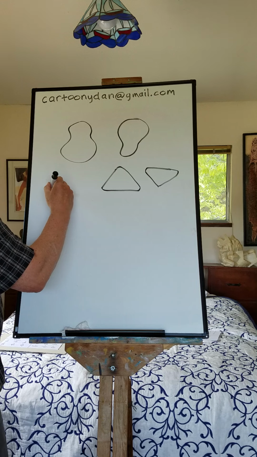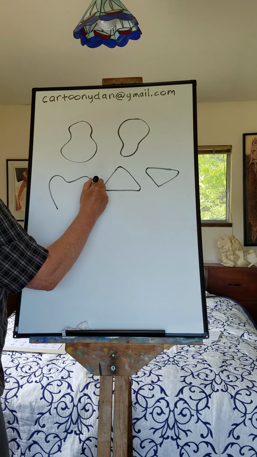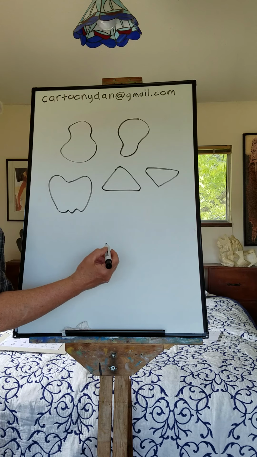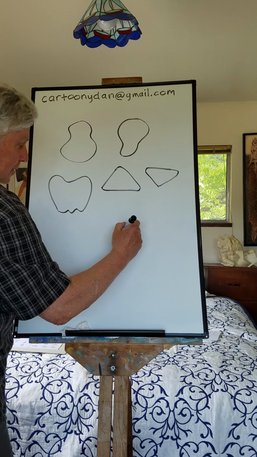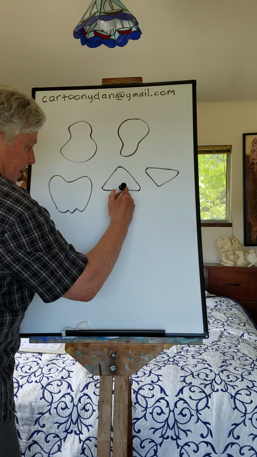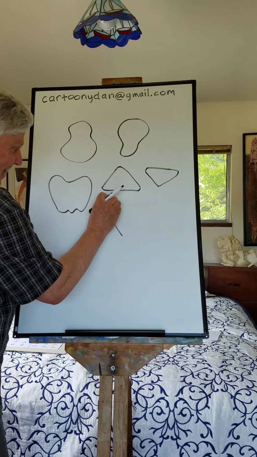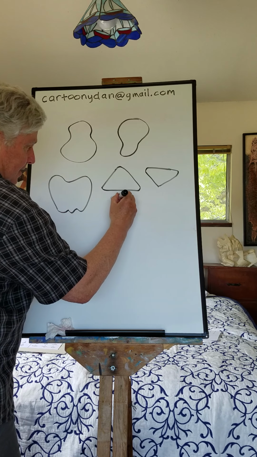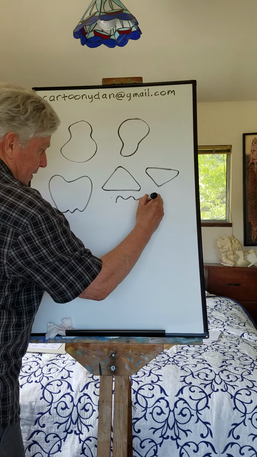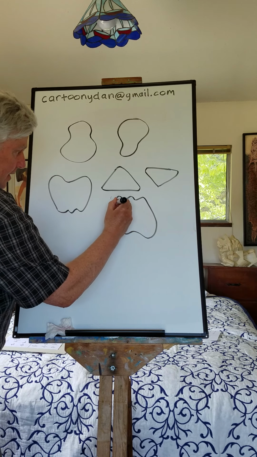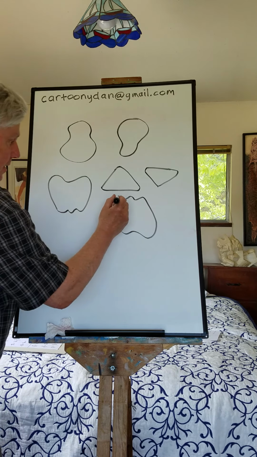So here's an apple shape, which is kind of fun to make, see the little lumps down the bottom there. I guess you could do that one upside down since we're doing everything right side up and upside down. So here's the lumps on top, and then swing down, curve up, and try to meet that right there.